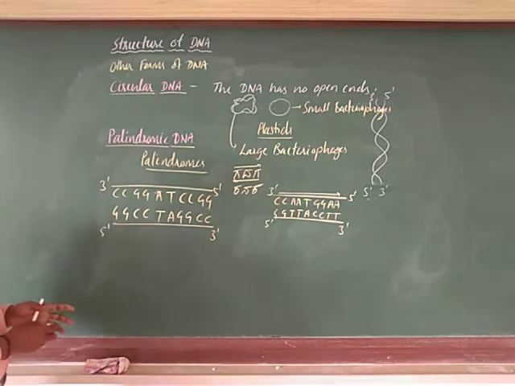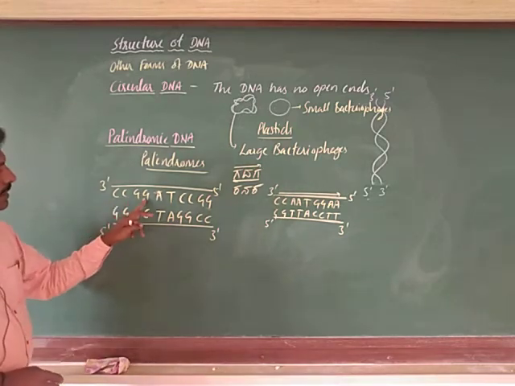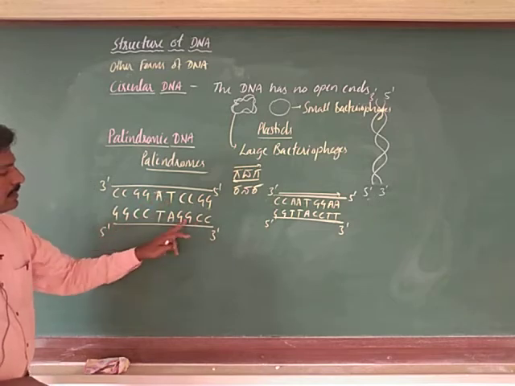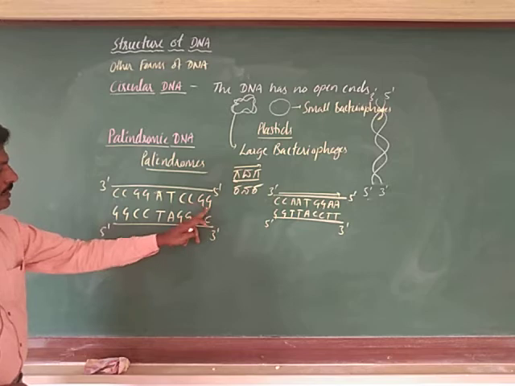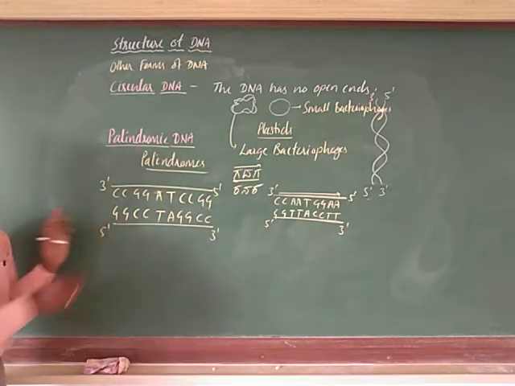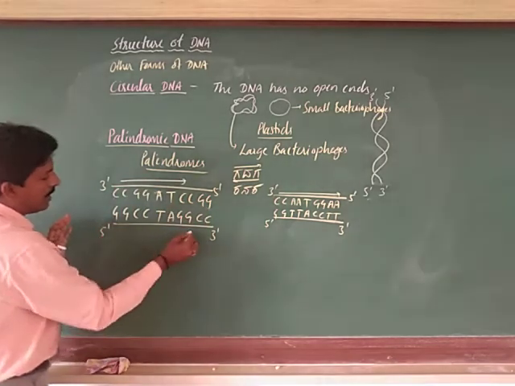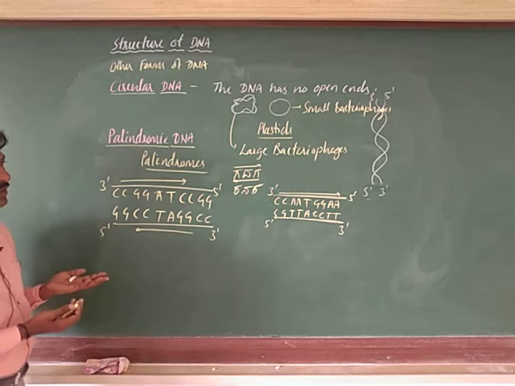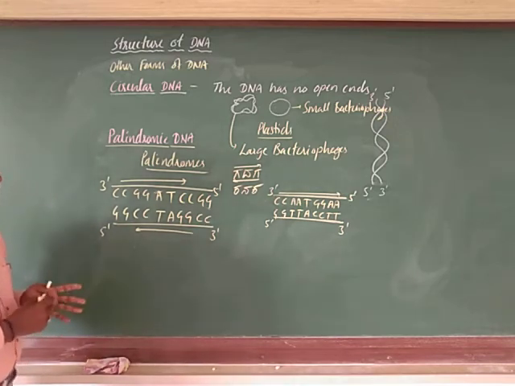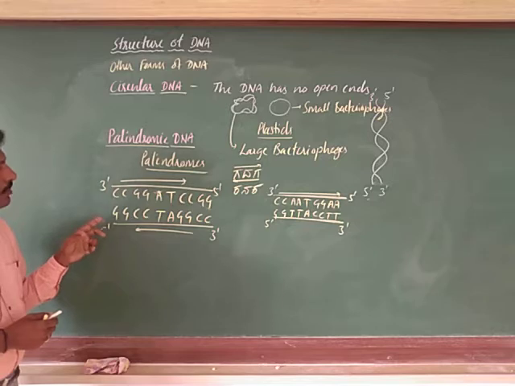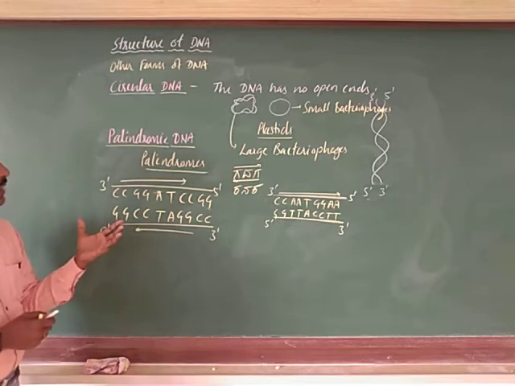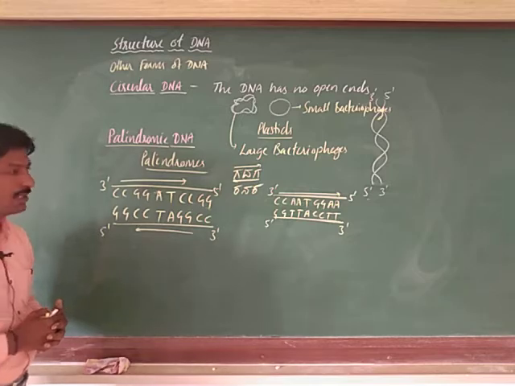Okay. See, CC, GG, AT, CC, GG, AT, and next CC, CC, GG, GG. So, this is what we are reading in this pattern, and this pattern is similar, is it right? Yes, this is what we call palindromic DNA. So, these are called palindromes, understood.